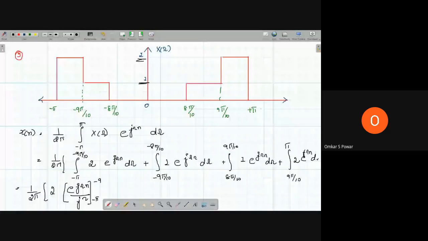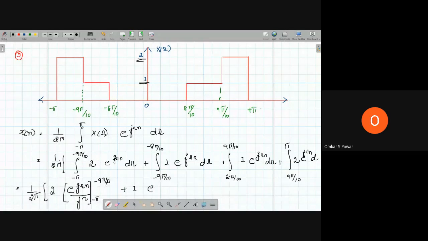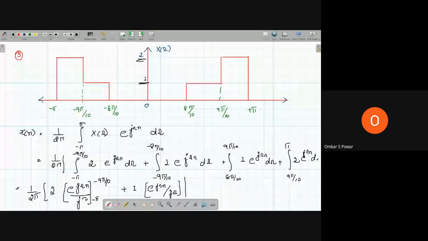Then 1 outside. What is the integral of e power j omega n? e power j omega n divided by jn. What's the limit? From minus 9 pi by 10 to minus 8 pi by 10. Then 1, e power j omega n divided by jn.